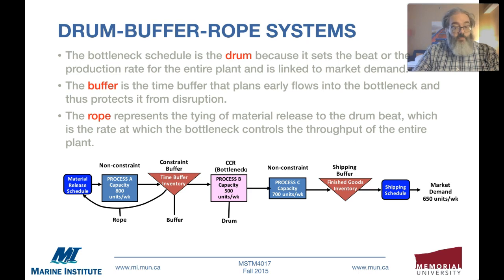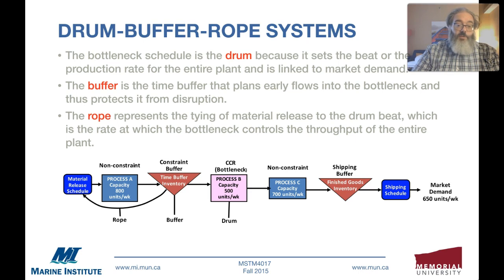capacity all the time. The other buffer that's mentioned in theory of constraints is the shipping buffer, right before the shipping schedule. So in this case here, you will build up some inventory to prevent a loss of income from not being able to meet the market demand. You can see from the diagram, which is one in the book and in the slides, that the market demand is greater than the process capacity of the bottleneck, the drum, which is 500 units a week.